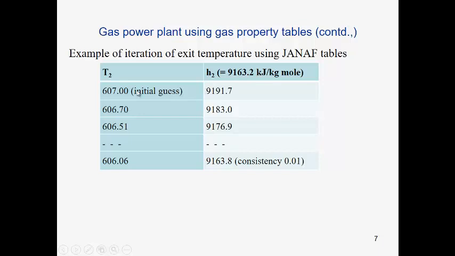After substituting this temperature in the enthalpy equation, or using tables, the enthalpy result is 9191.7 out of 9163.2. So the temperature is to be changed to reach this value, finally at 606.06, a slight change only. The temperature resulted is 9163.8, as per the definition of this consistency.